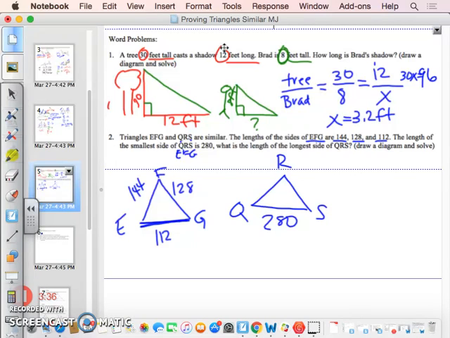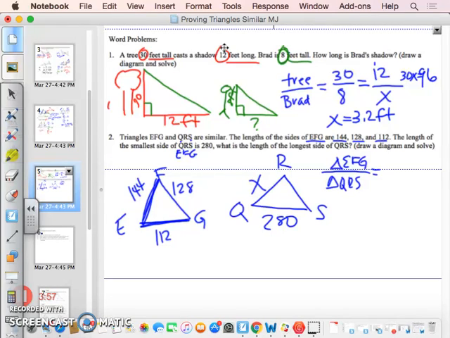Now I've got to figure out what is the longest side. The longest side is going to be right here at QR, because this is the longest side on this triangle. So I'm going to set up my proportion with triangle EFG on top. Again, it does not matter which one you put on top. And triangle QRS on the bottom.